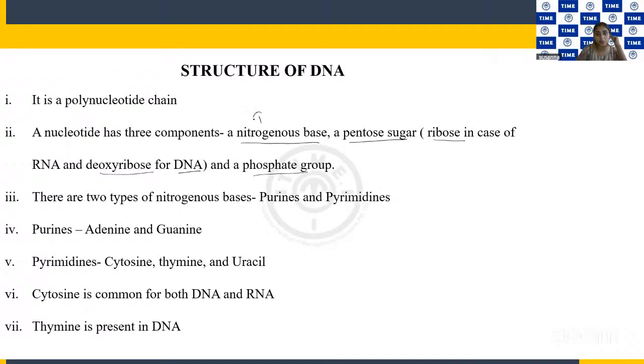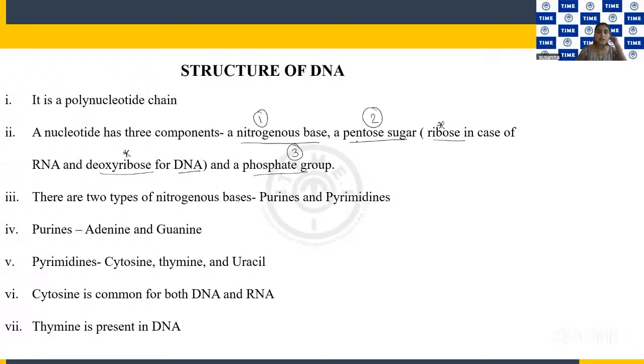So we have a nitrogenous base and a pentose sugar, and we can find two types of pentose sugar: ribose sugar, and the other one, deoxyribose sugar, found in DNA. Then we have the phosphate group. So these are the three components of a nucleotide.